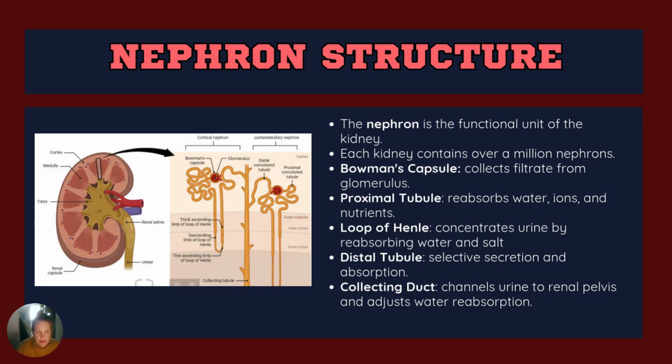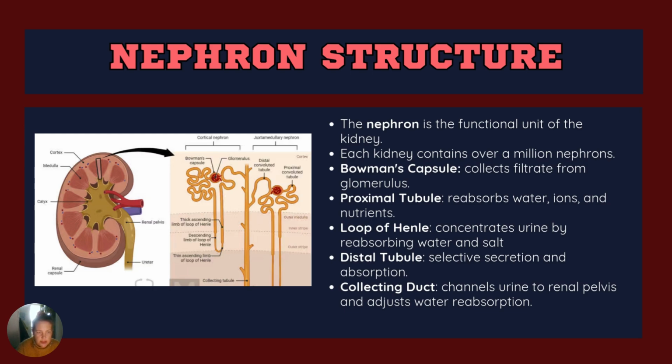We've got the loop of Henle, which quite handily is where we see the loop. This concentrates the urine by reabsorbing water and salt. The distal tubule, which is here, performs selective secretion and absorption, and then the collecting duct is down here.